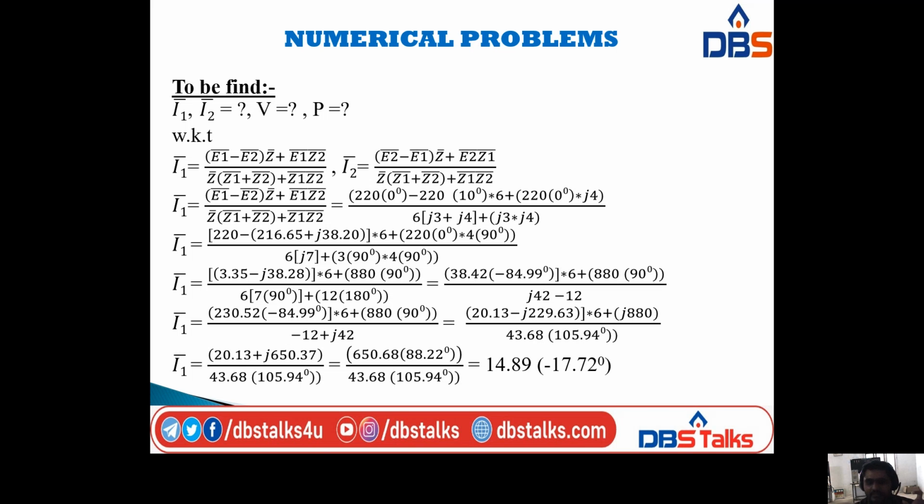To find the I1 value, I1 bar is equal to (E1 bar minus E2 bar) into Z bar plus E1 Z2 bar, by Z bar of (Z1 plus Z2 bar) plus Z1 Z2 bar. This is the formula to find the I1 current.